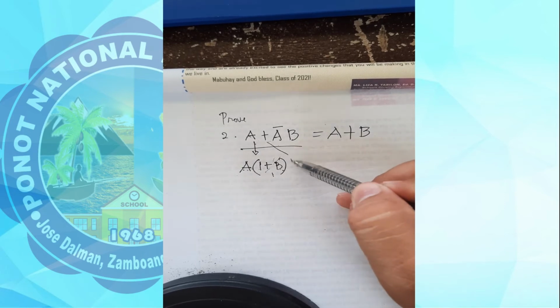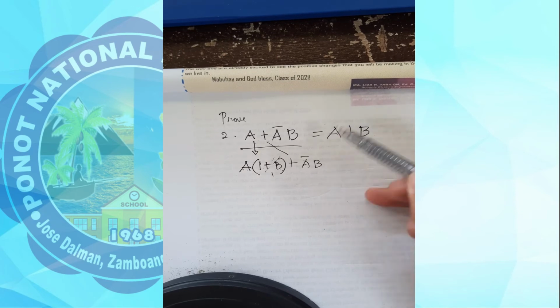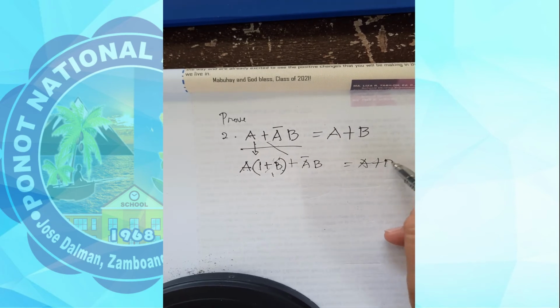Then bring down plus A bar B is equal to A plus B.